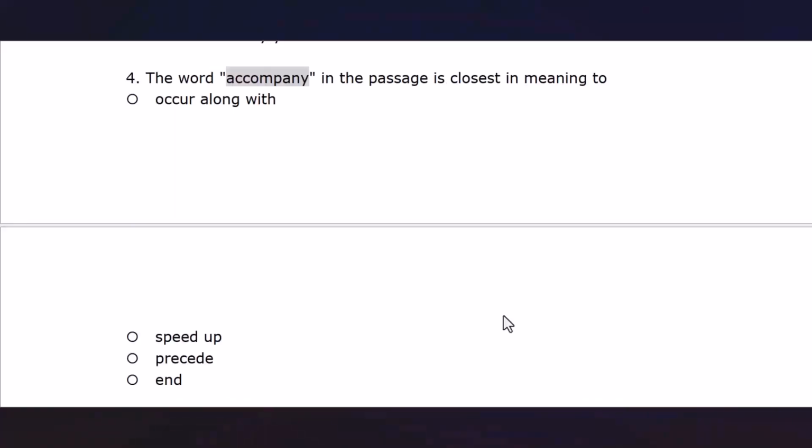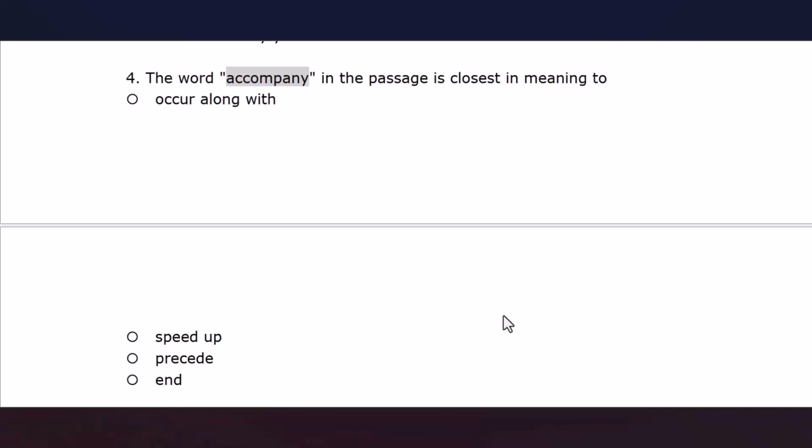Question 4. The word accompany in the passage is closest in meaning to: occur along with, speed up, precede, end. Before working out this question, I would like to ask you to make a mental note of what I'm going to say. I believe this should be your general strategy for answering TOEFL questions: rather than isolating and finding the correct answer among the choices, your attempt should be rejecting the incorrect choices.